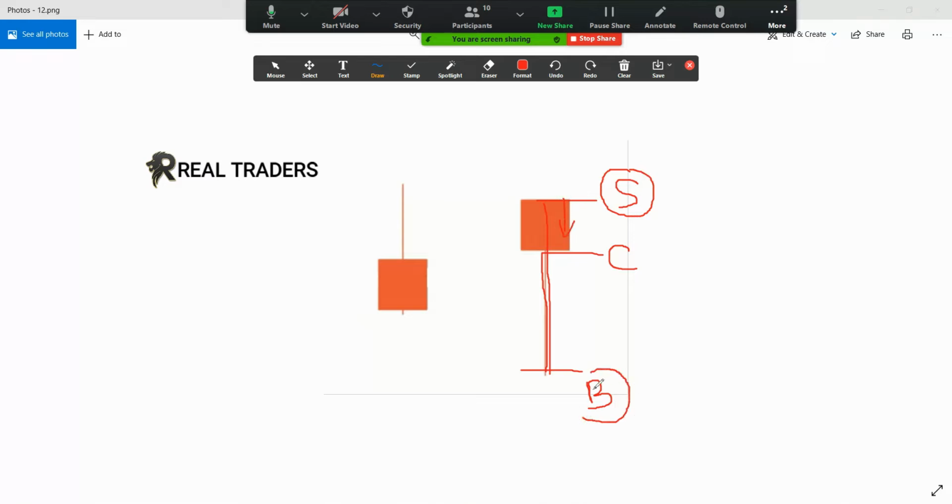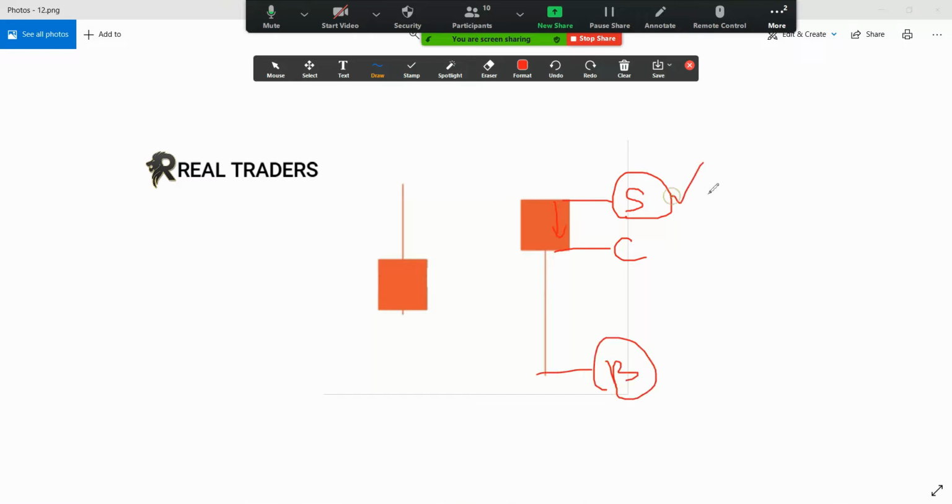This is the buyers' entry point, you can see the buyers enter from this level, and this is the closing point. If you see this closing point, it is near the sellers' area, where the sellers enter. This is the buyers' area, and this is the sellers' area.